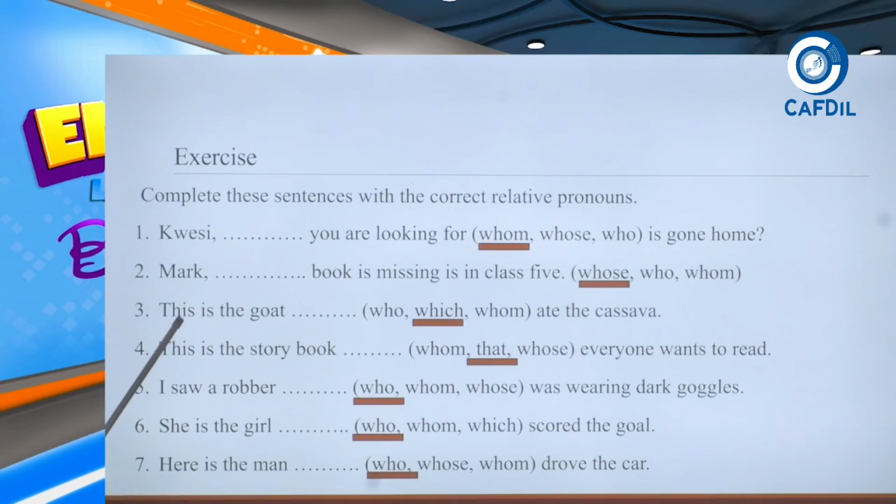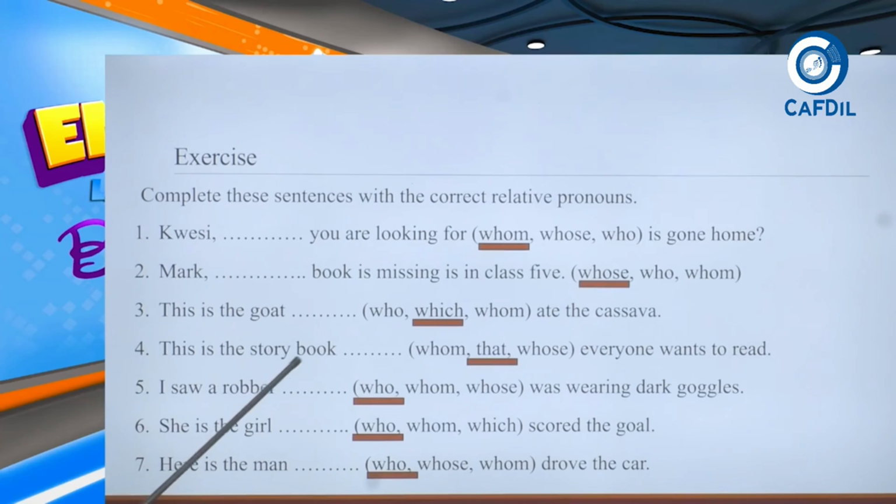3. This is the goat which ate the cassava. Here again, we are able to select which to complete the sentence to make it meaningful. Then we come to 4.